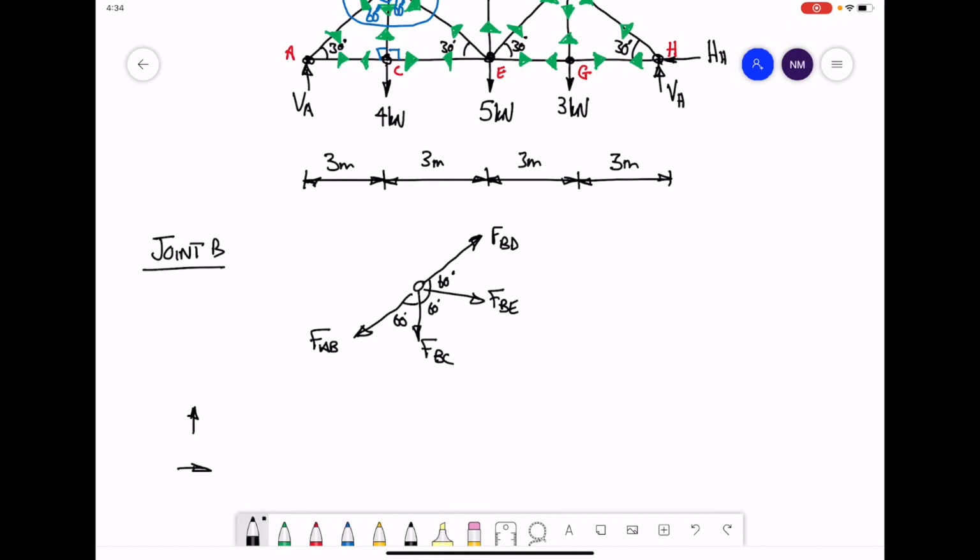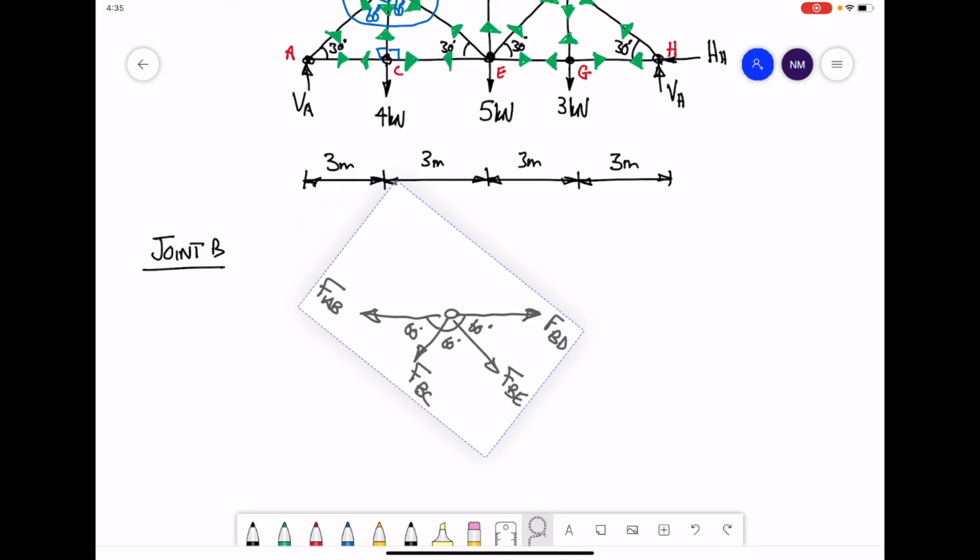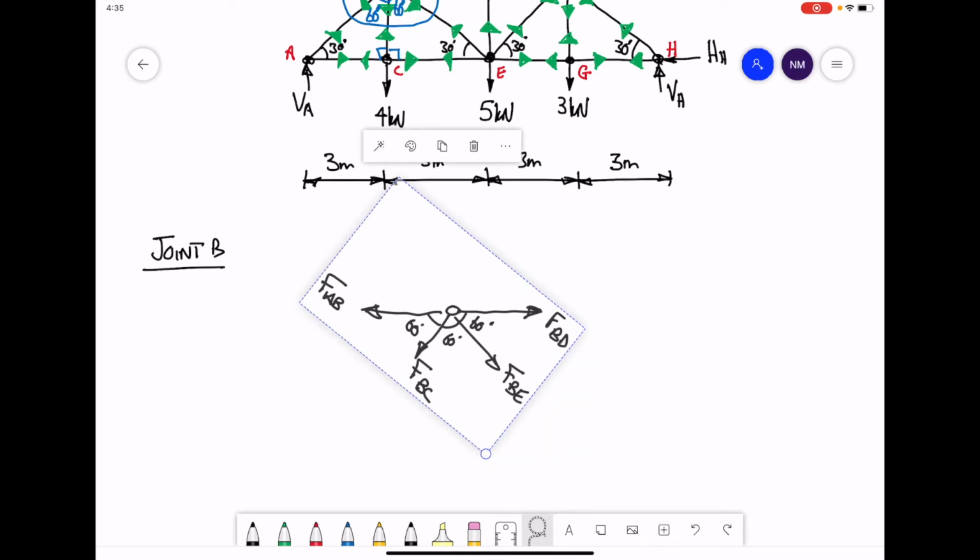However, because equilibrium applies everywhere, what we can do is take this joint and effectively turn it around so that the member AB and BD is now horizontal, and we can do our equilibrium equation based on it horizontally.